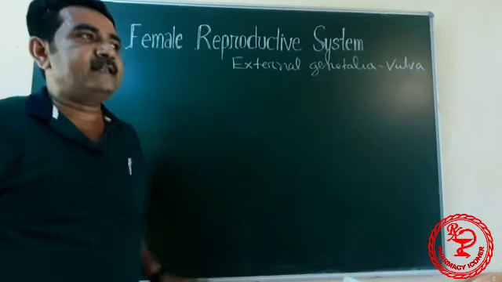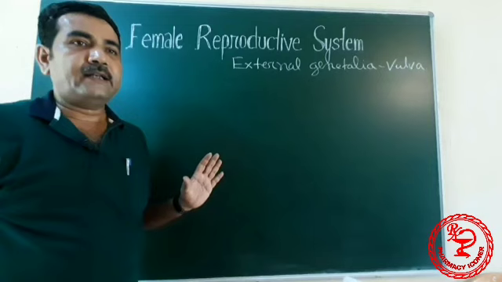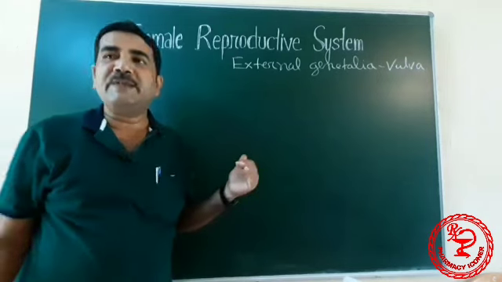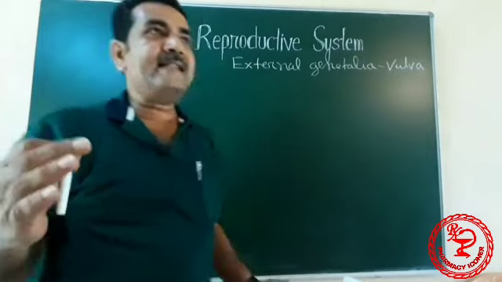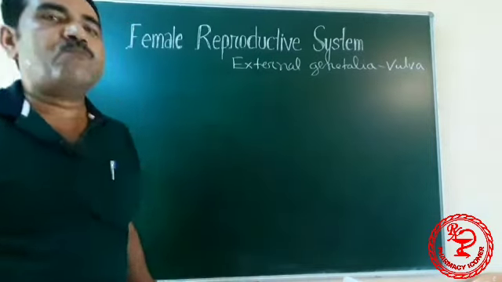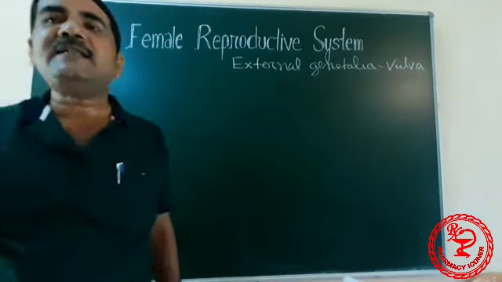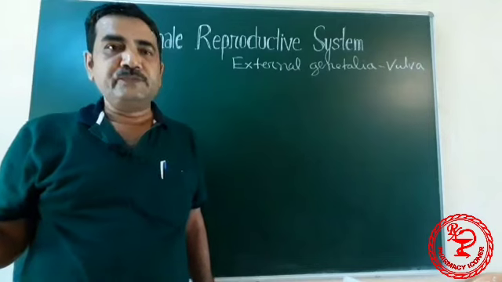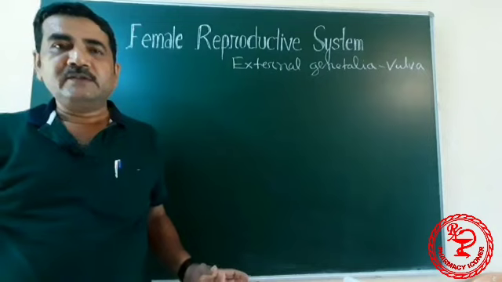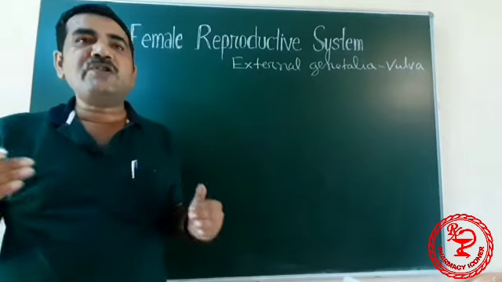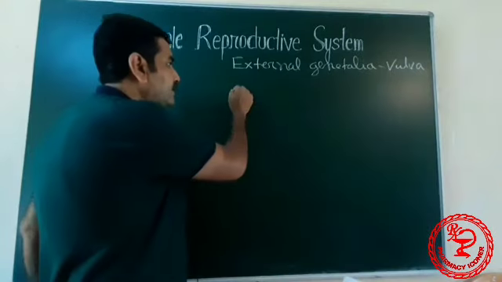Vulva is situated in front of the symphysis pubis, and surrounded by mons pubis. Mons pubis is a triangular shaped zone which is present in both male and female. At the lower portion of the mons pubis, this vulva is present.